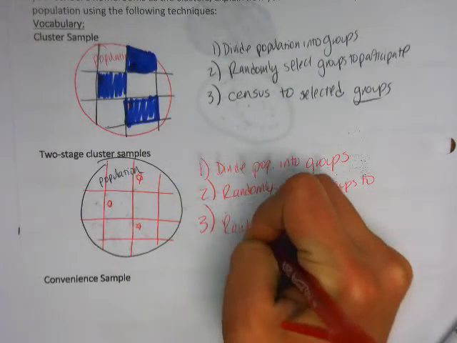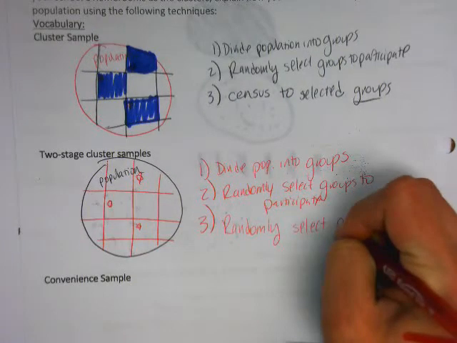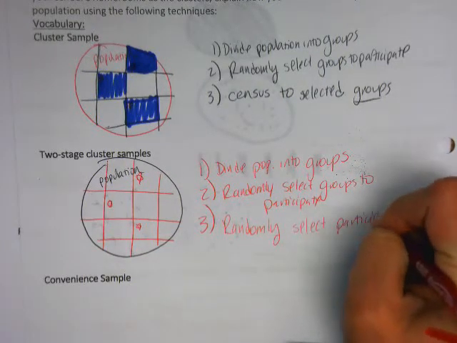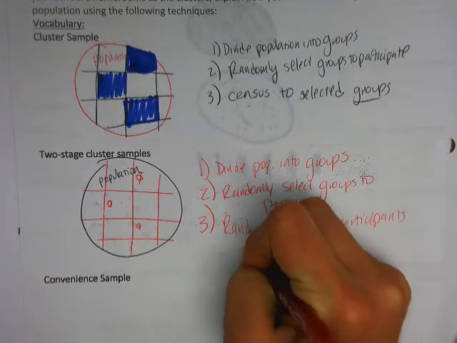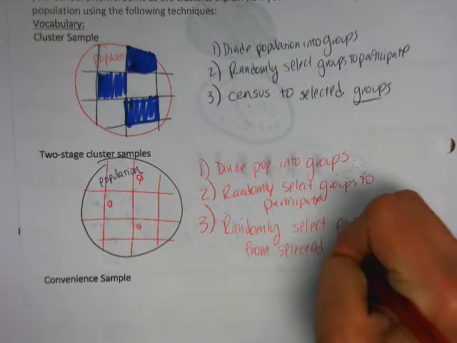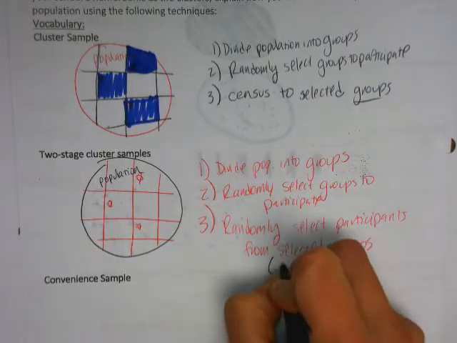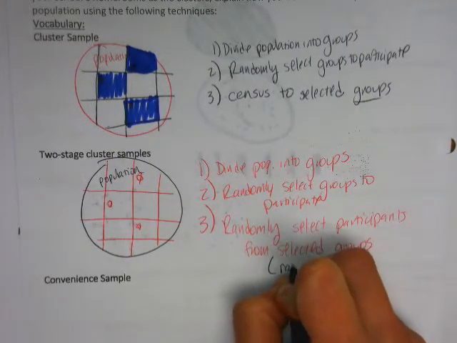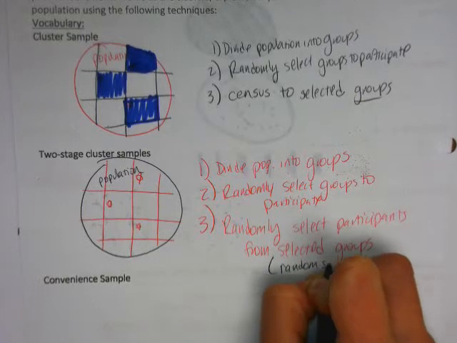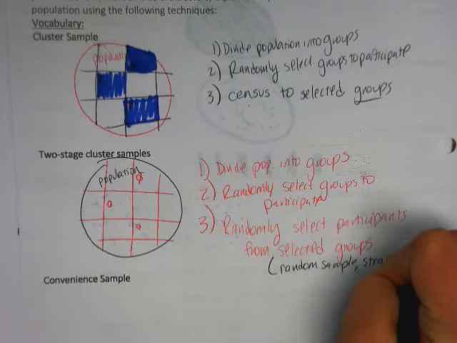So step 3 is, instead of doing a census, now I'm going to randomly select participants from selected groups. So this could be through random sample.